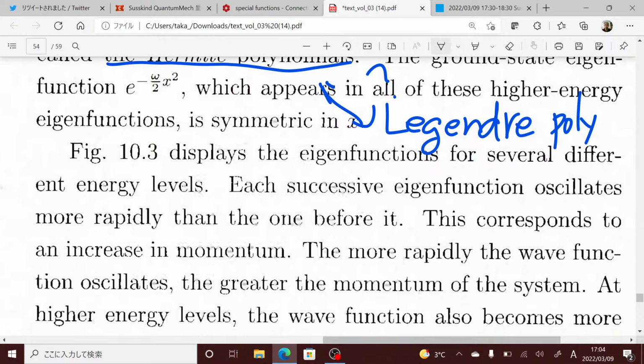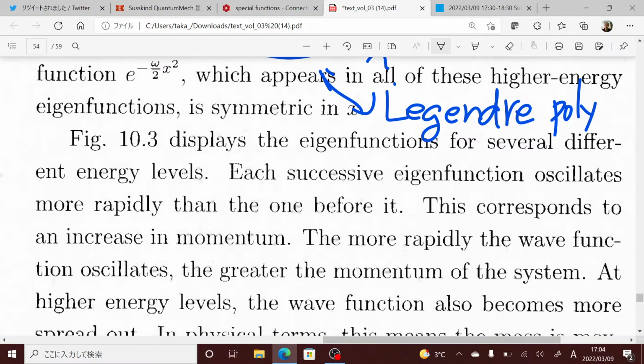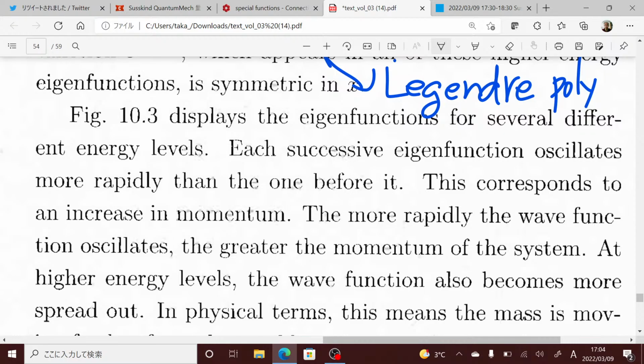Figure 10.3 displays the eigenfunctions for several different energy levels. Each successive eigenfunction oscillates more rapidly than the one before it. This corresponds to an increase in momentum.